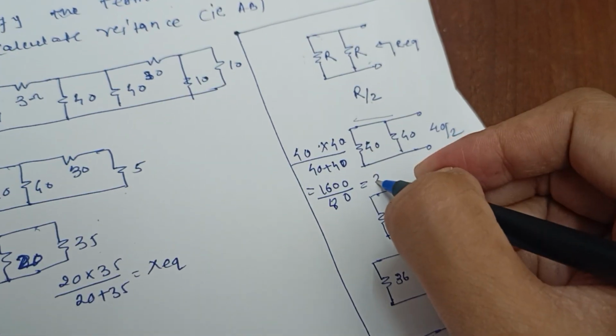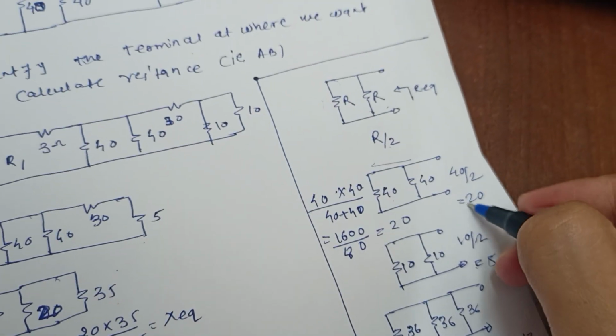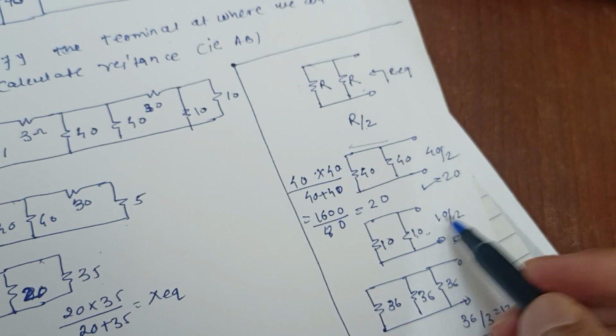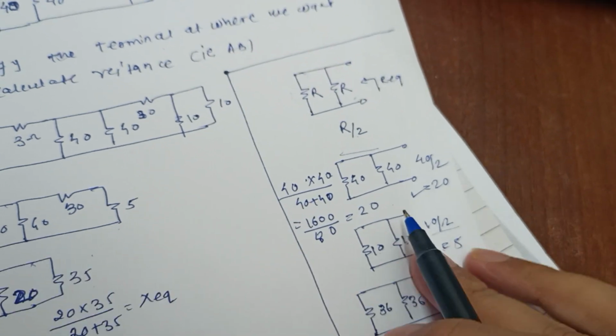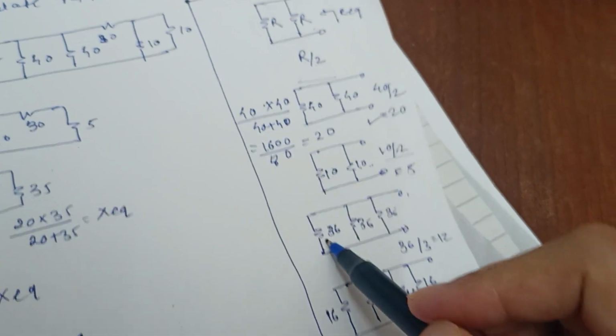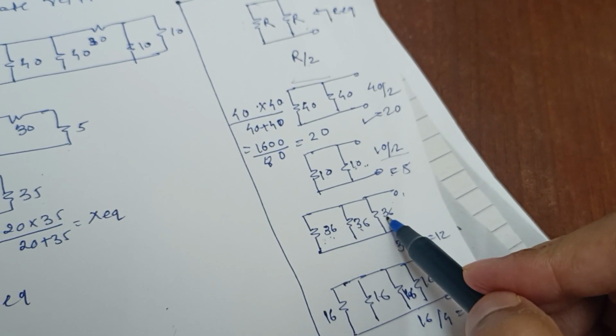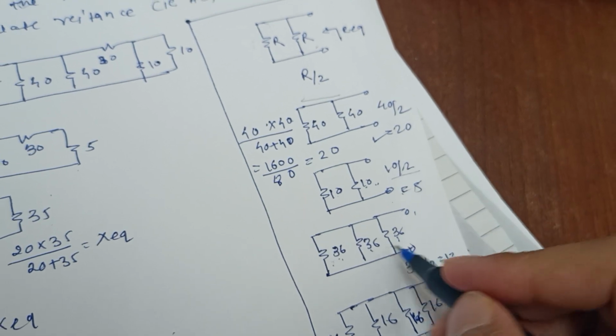So it is equivalent to this. Suppose you have 10 parallel 10, you will get 10 by 2, which is 5. Suppose you have 3 resistors of equal value, 36, 36, 36.